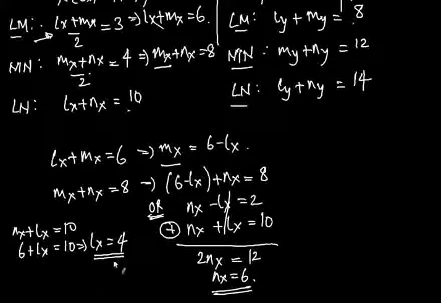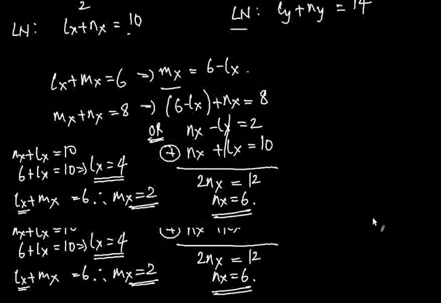So we got a second x coordinate, and using this we can find out the third one. We know that lx plus mx is equal to 6, but lx is 4, and therefore mx has to be equal to 2, right? So we've got all the 3 x coordinates.